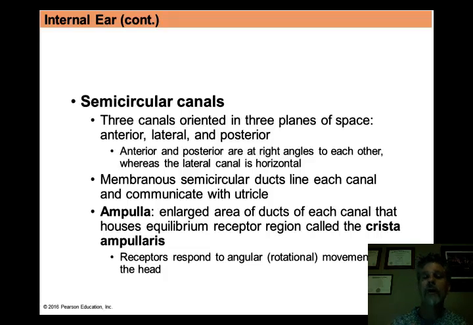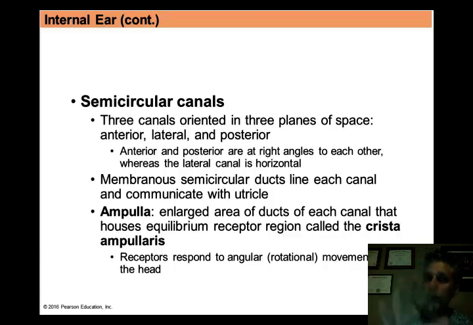Semicircular canals you saw, they're not entire circles, so they're semicircular canals, and they're organized in three different planes, like the X, Y, and Z planes. And so those have fluid inside of them, and we'll talk about how they contribute to our equilibrium as well.